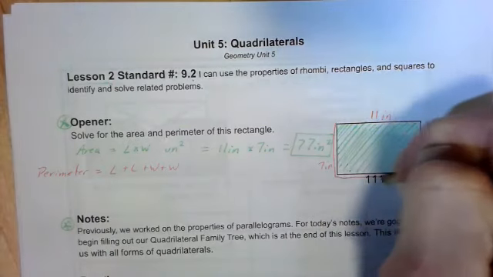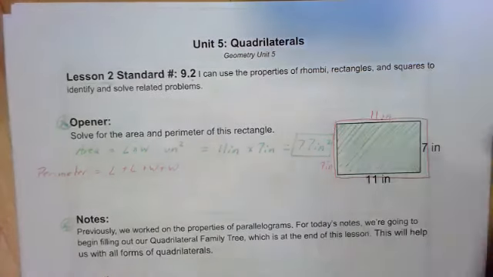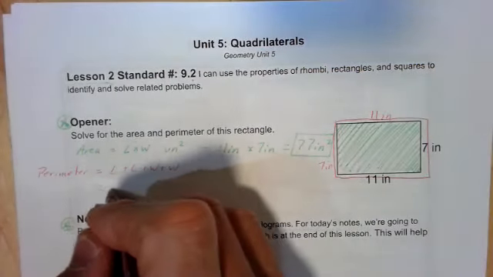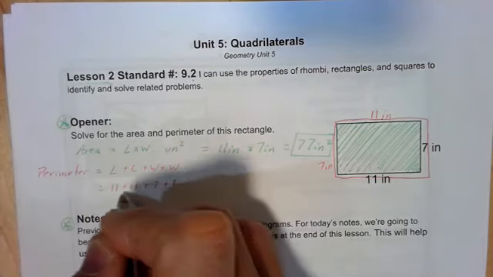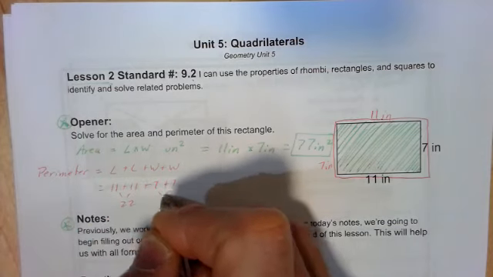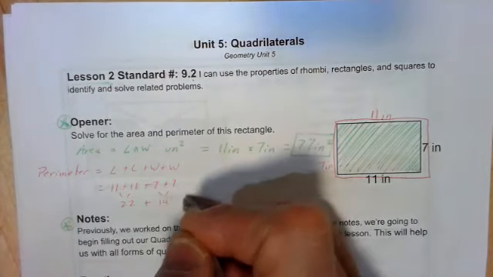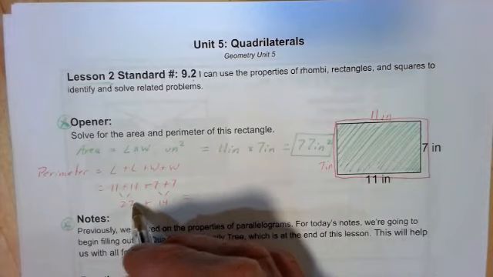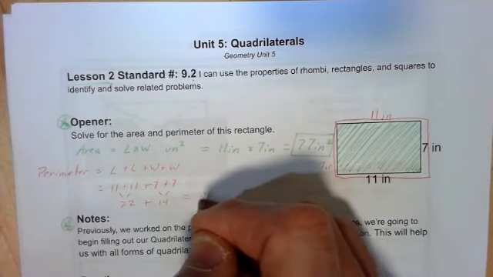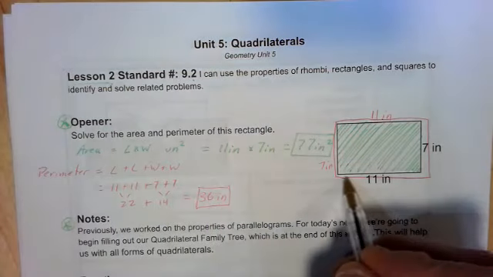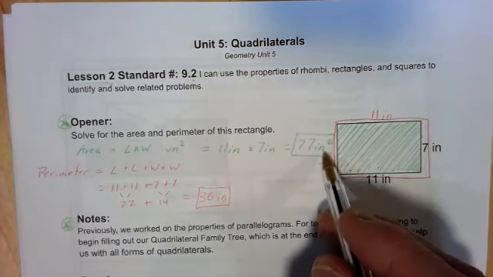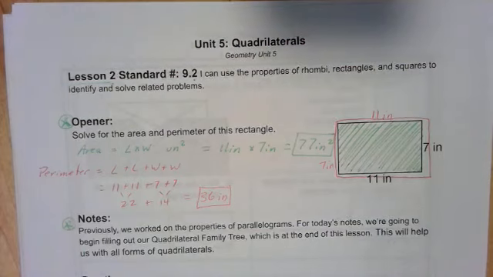So that distance all the way around is going to be our perimeter. So here we have 11 plus 11 plus 7 plus 7. That's going to be 22 plus 14, which is 36 inches. And we just measure that in inches because it's a length. We don't measure it in square inches like we did with the area.